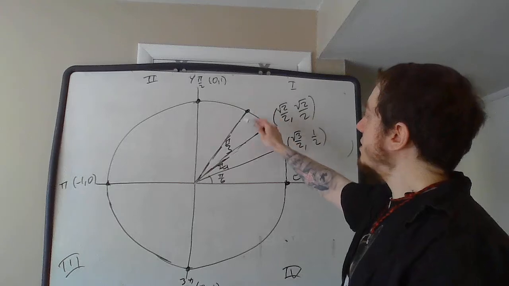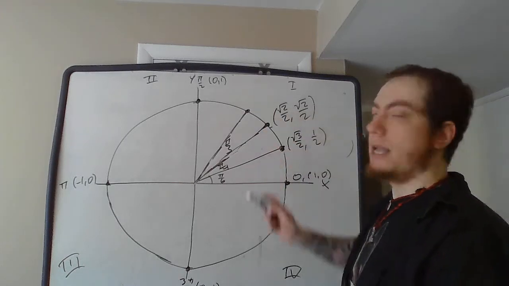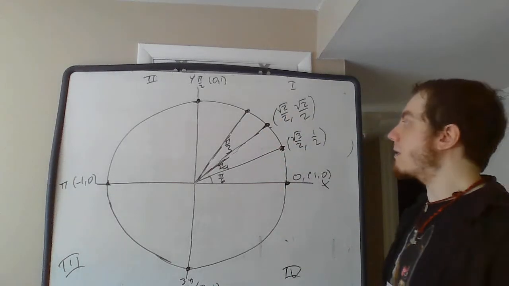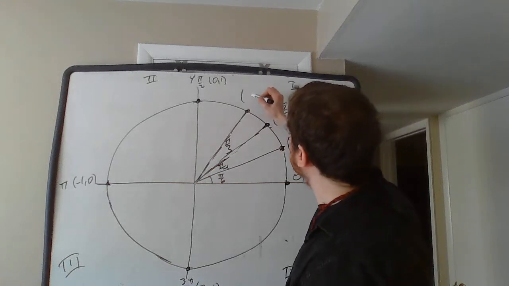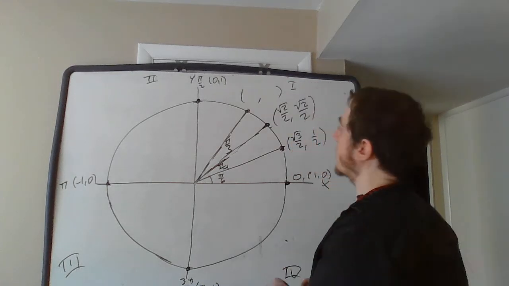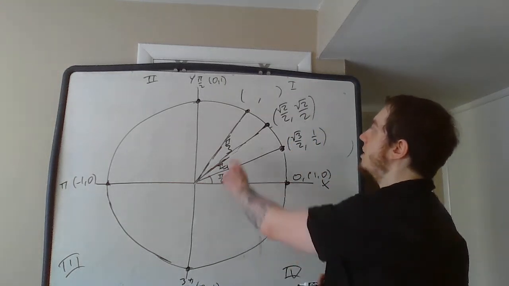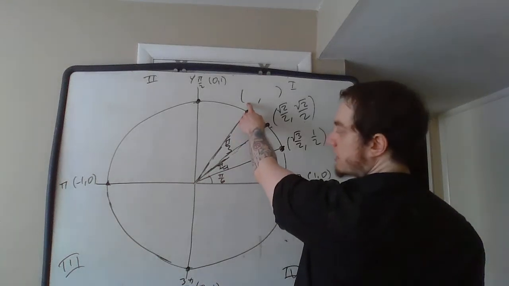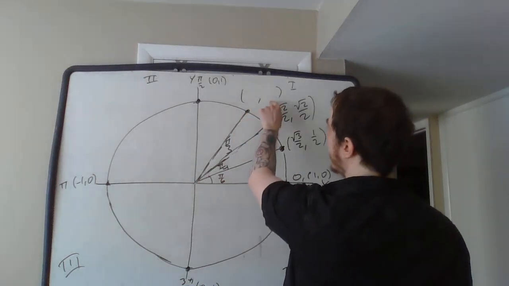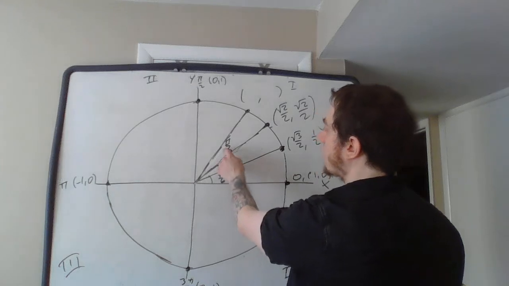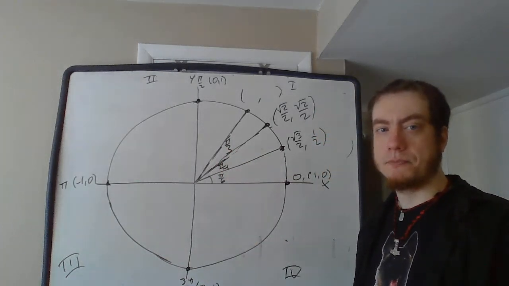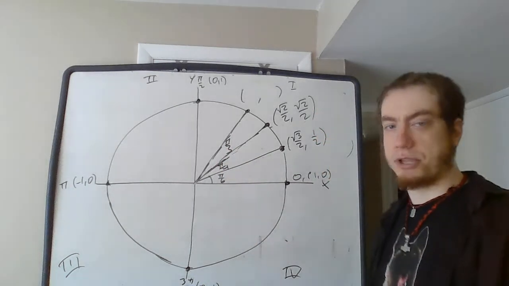If we look at this pi over 3 angle, take a minute here and see if you can figure out what I should put as the coordinates of this terminal point. As a hint, remember, this should be the cosine in the x-coordinate and the sine in the y-coordinate for an angle of pi over 3. Were you able to think of it?